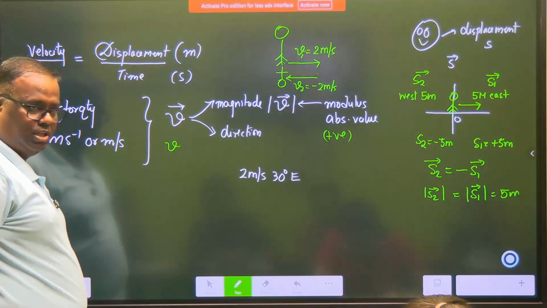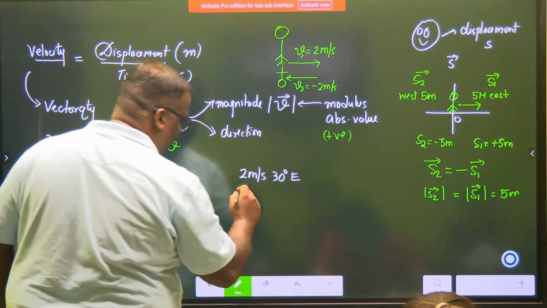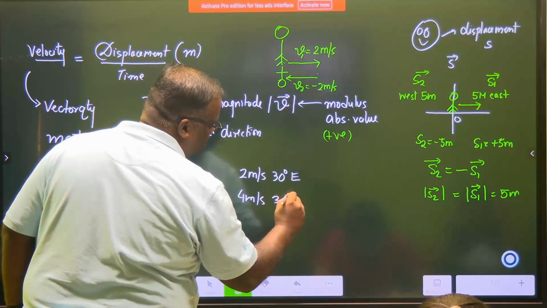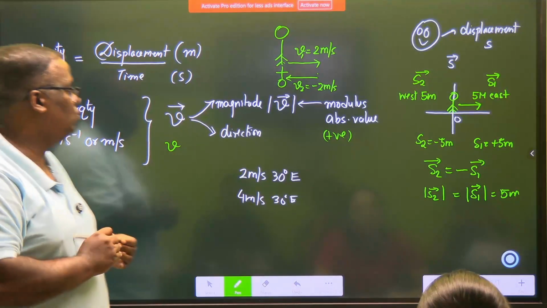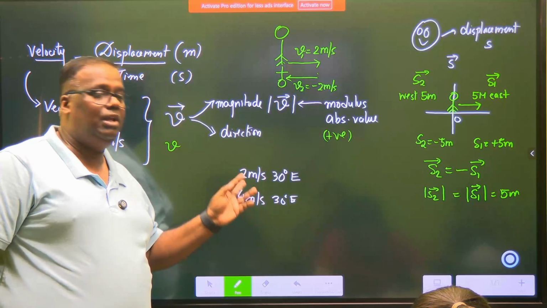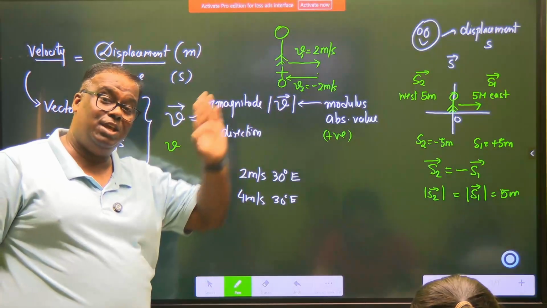This is the velocity data, magnitude as well as direction. I have another which is 4 meters per second, 30 degrees east. Question is, are the two velocities equal? They are not, because they straight away fail in their magnitude. However, the velocities are in the same direction.